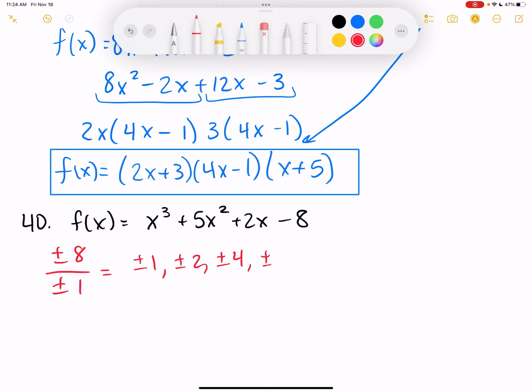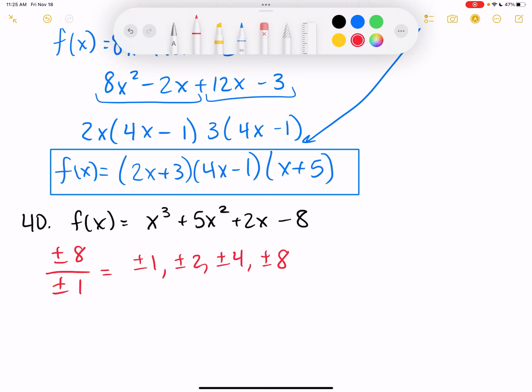You're welcome to do it however you already know how to do it. This is the way that the Algebra 2 and the pre-cal book teach it here. So then you graph the function to find which ones you think are possible, or which ones could be. You have to check them after.